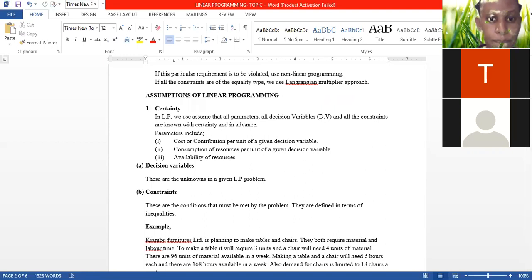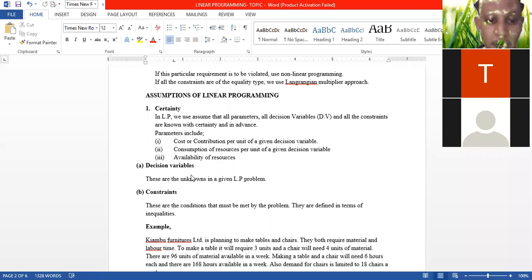The decision variables are things that you don't know at the moment when you're solving the problem. This will be the major question that you want to address. These are things that you would want to know. How many units should I be producing? Or how many units should be sold so that the profit is maximized, or so that you minimize something like the cost?